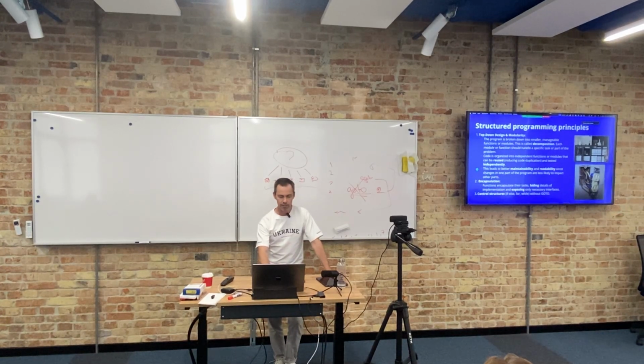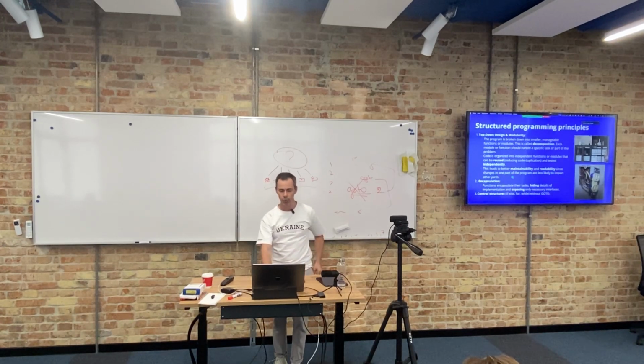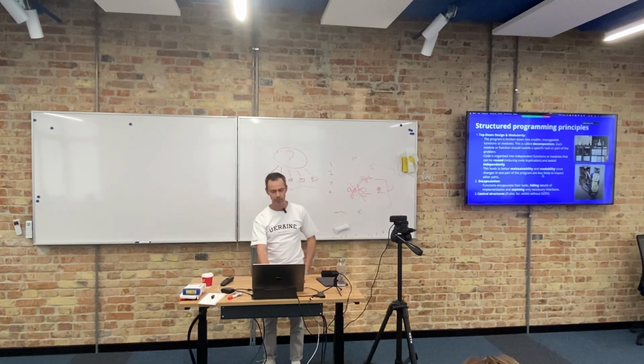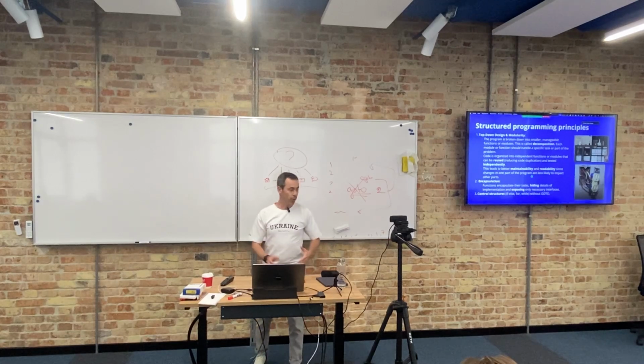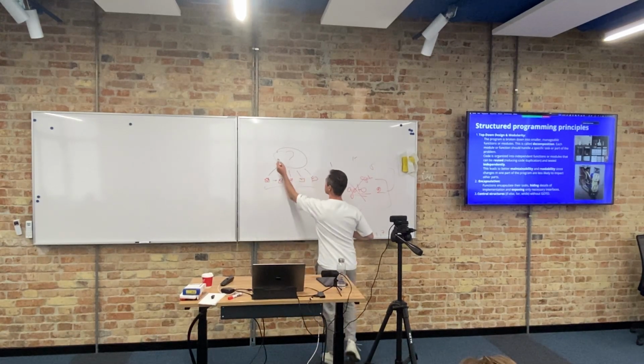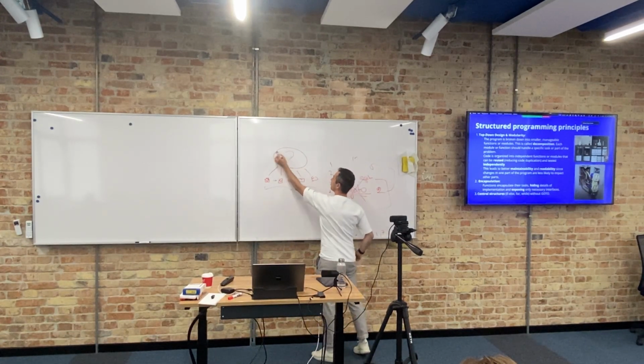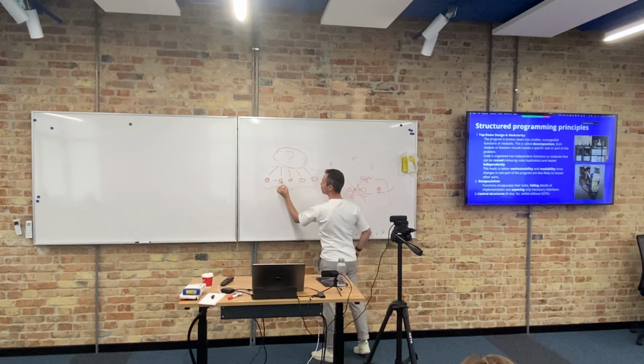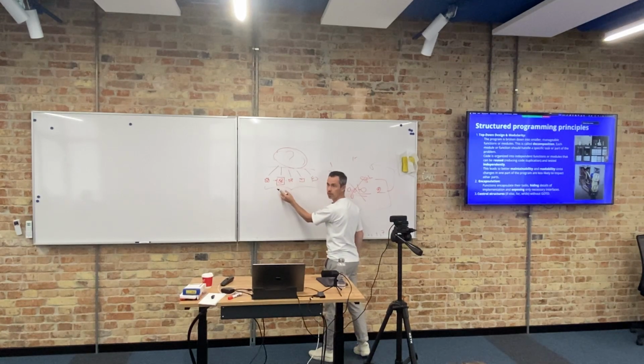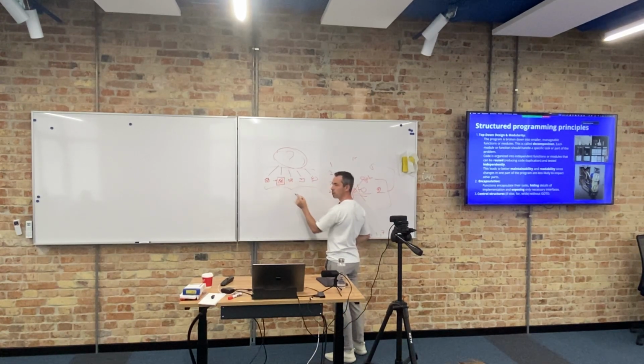Then this leads to better maintainability and readability, since changes in one part of the program are less likely to impact other parts. So if I have this hard, complex task, split it into smaller ones, and if I need to make a change somewhere here, there is a big chance that I will not break other parts if I keep the interface of intercommunication with this module the same.